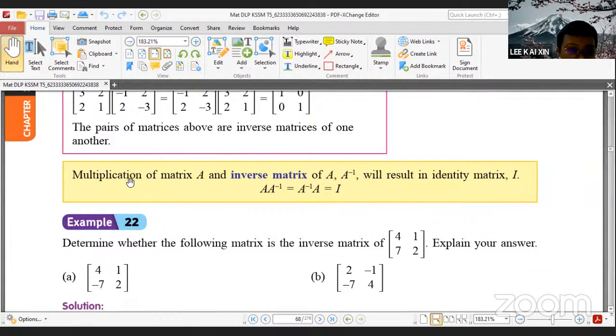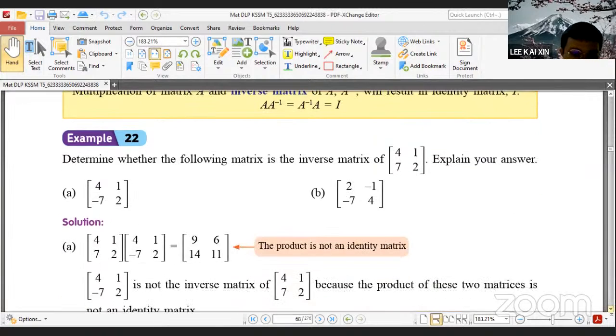Okay, the multiplication of matrix A and the inverse matrix of A. If you times A with the inverse matrix of A, then they result in an identity matrix. So if you times the matrix with the inverse of another one, they will come out as an identity matrix.